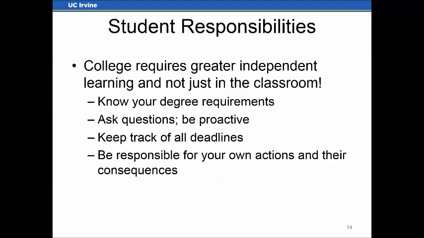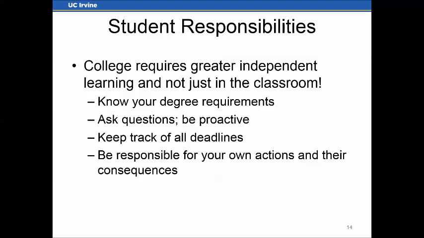You're going to find yourself in a hole if you do, especially when it has to do with classes and approaching deadlines. Keep track of all the deadlines, by the way, because we are very strict here in the School of Social Ecology, especially when it comes to dropping classes past the deadline. We're going to put you through some rigorous accountability if you do miss a deadline, and we're going to ask you why. We're going to ask a lot of questions.